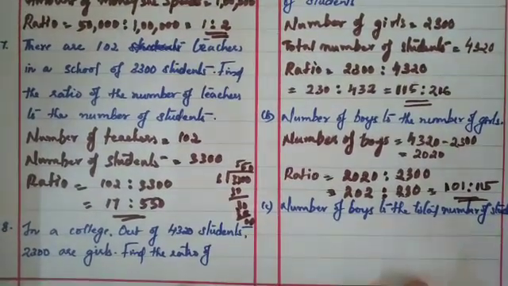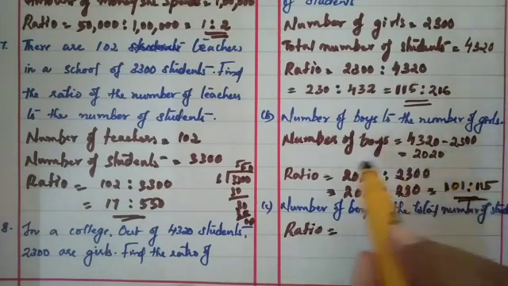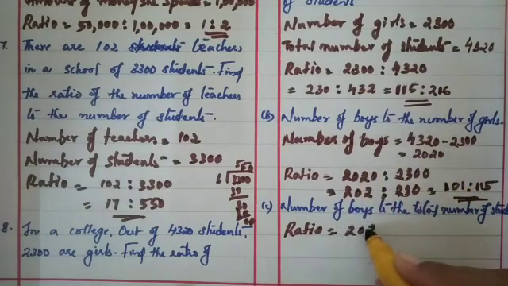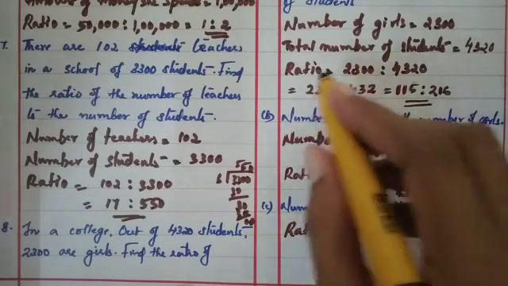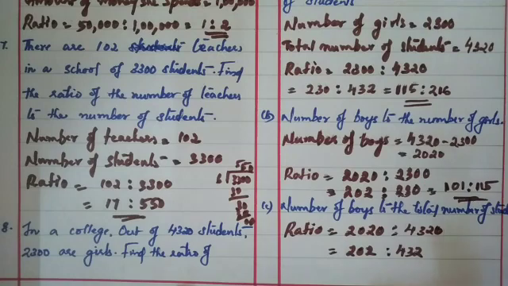Then you have to find out the number of boys to the total number of students. Here number of boys is there. Ratio equals number of boys, how much, 2020 is to total number of students, which is 4,320. Okay, here also 10 is the common factor. 202 is to 432.